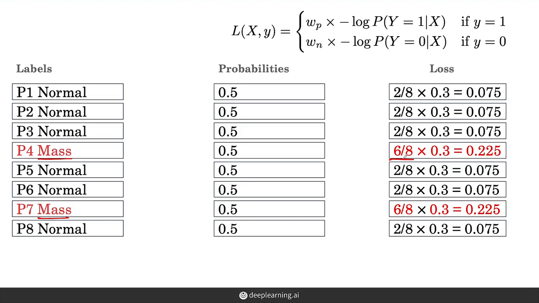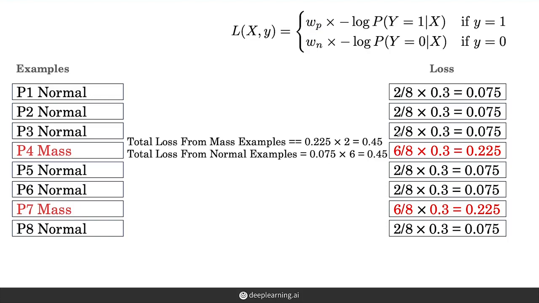Let's pick 6 over 8 as the weight we have on the mass examples and 2 over 8 as the weight we have on the normal examples. Then you can see that if you sum up the total loss from the mass examples, we get 0.45, and this is equal to the total loss from the normal examples here.